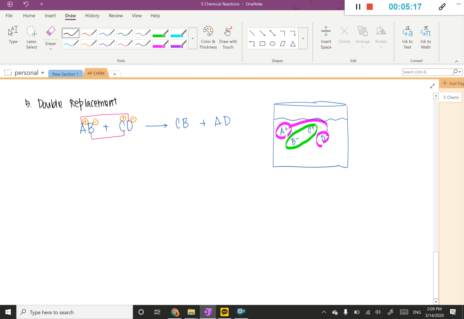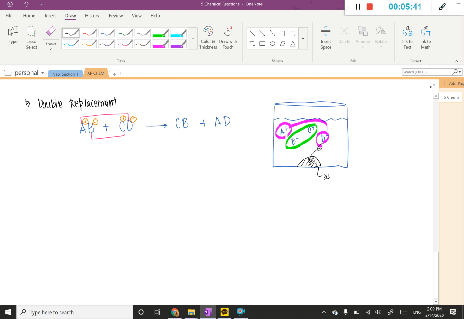And then it just so happens that one of them will end up getting in a very committed relationship, and they become a solid couple, and they precipitate out of the chemical reaction. Hypothetically, let's just assume that A and D get married and they become a solid couple.